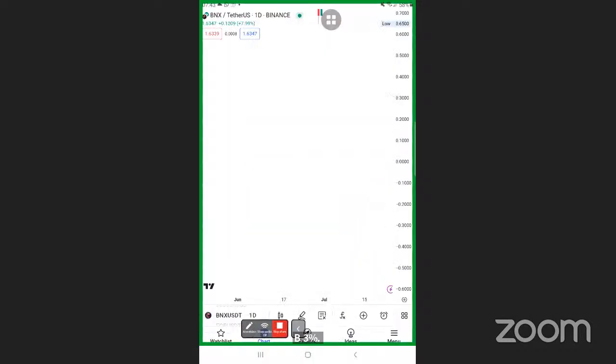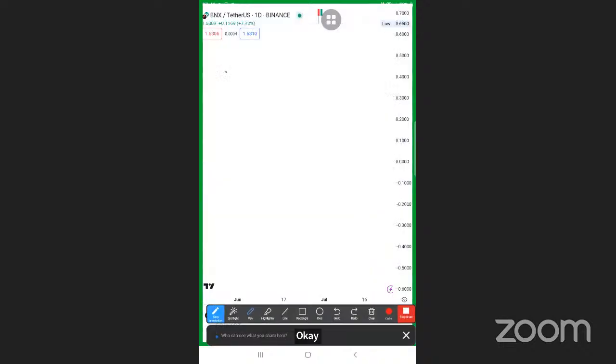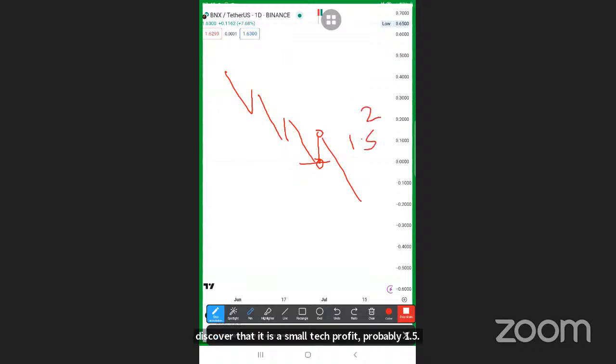When I say you can collect 1.5 to 2%, when the market is making these moves, it pulls a little bit to this side, then it comes down again. It pulls a little bit that side, it comes again. So from this point to this point, if you measure, you discover that it is a small take profit, probably 1.5 or 2%. It depends on how much the pullback is.